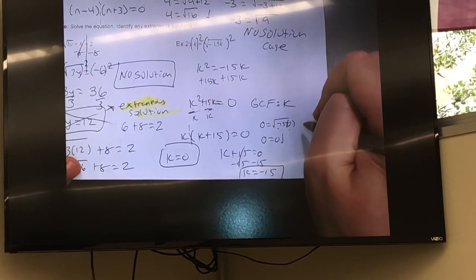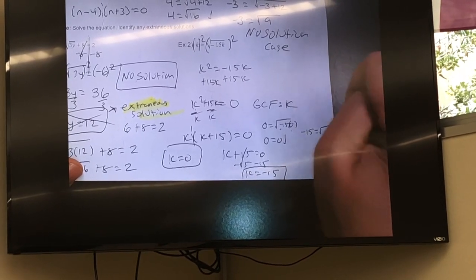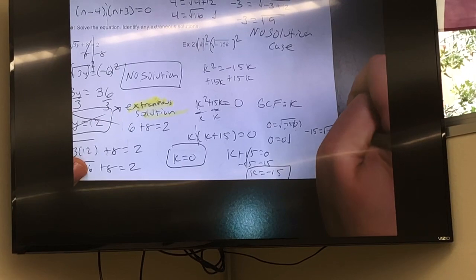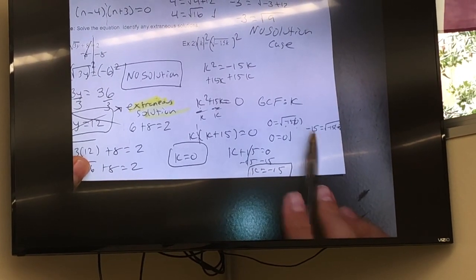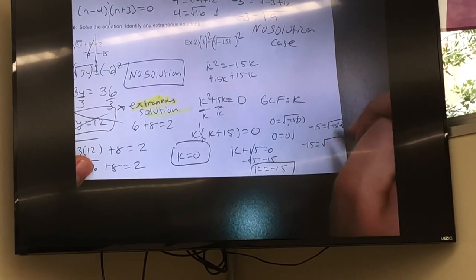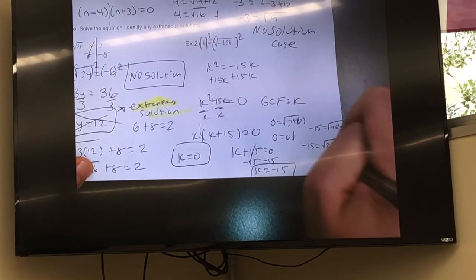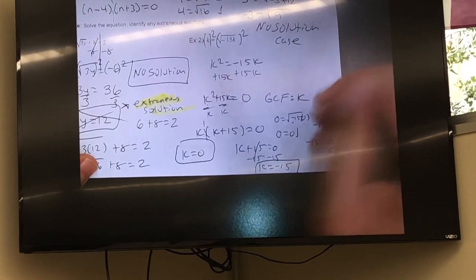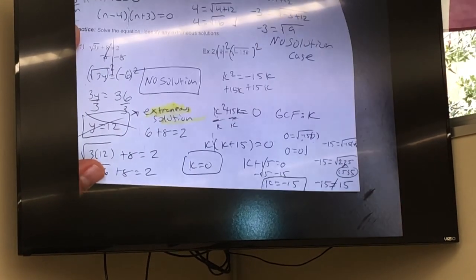Our next one is -15 equals the square root of -15 times -15. Again, we know negatives do not equal square roots. But if you wanted to, that should come out to be 225, which breaks to 15 and 15. So -15 does not equal +15.